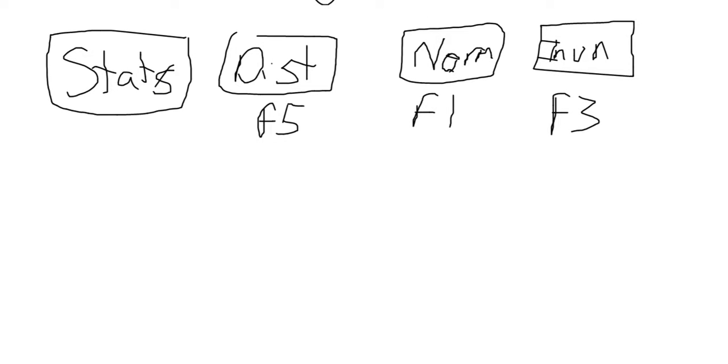Once we're in here, the options that we have are the data: is it a variable or a list. We're going to use a variable. The tail: is it left, right, or center? So we're going to select left, which is F1. The area, that's the probability, the proportion, so 0.25. And then we put our mean and standard deviation.